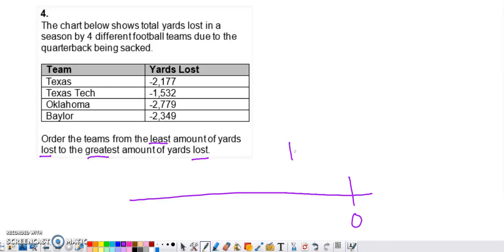So our least amount lost are going to be closer to 0, and the most amount lost are going to be further away from 0. So as I'm moving on the number line in a negative direction, the first one I'm going to come to is Texas Tech at negative 1,532 yards.